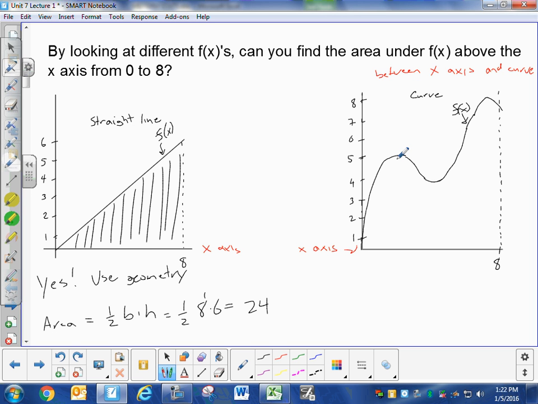We just know it's a curve, okay? It's changing. Doesn't have any straight lines. You can't, as of right now, find the area under this curve exactly, at least using geometry. I'm going to say no, geometry can't help find the exact.